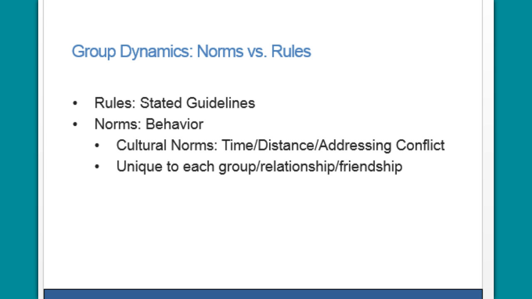So if you're taking a class on a campus and the professor shows up 10 minutes late every day, the normative start time for that class would be 10 minutes after the rule start time. So if you had a class that's supposed to start at 8:30, but nobody really gets there till 8:40, then the norm would be 8:40, even though the rule would state that the start time is 8:30.